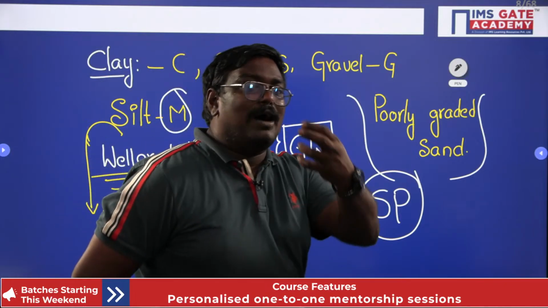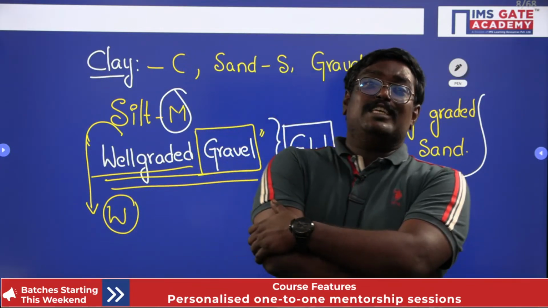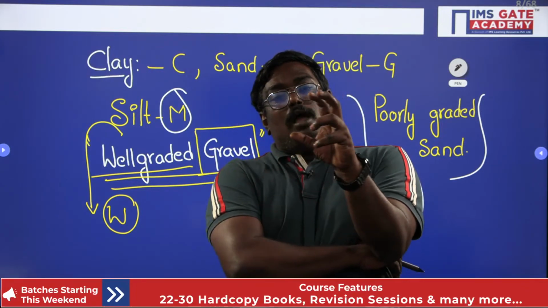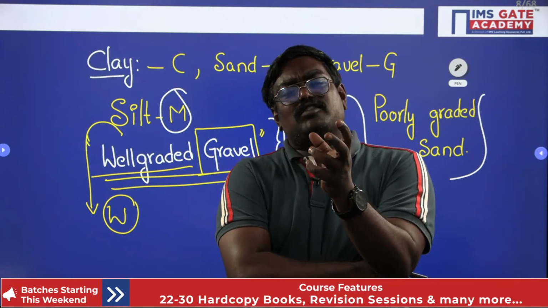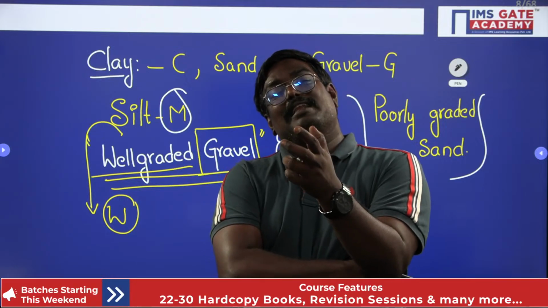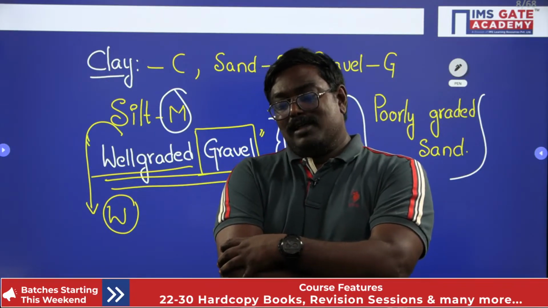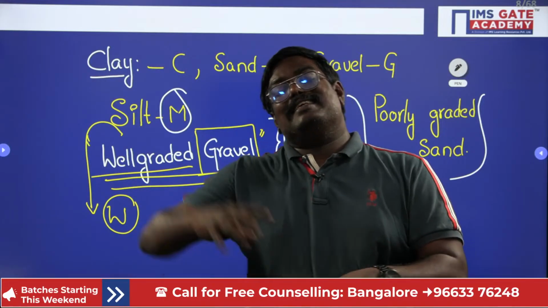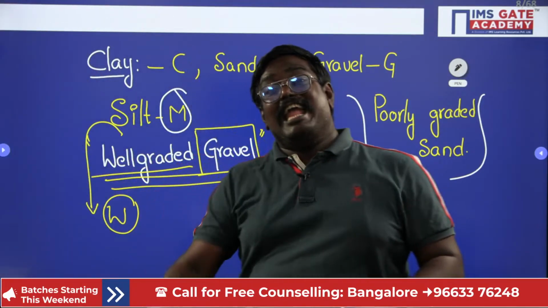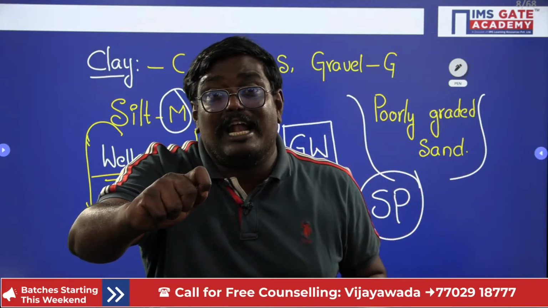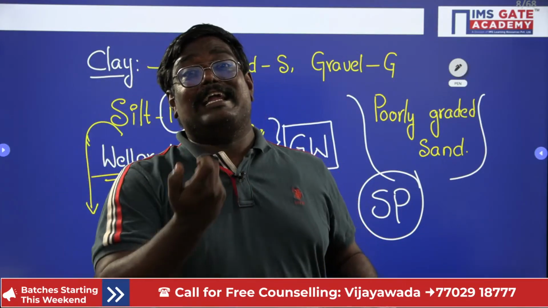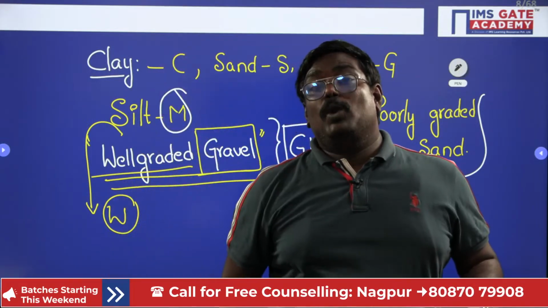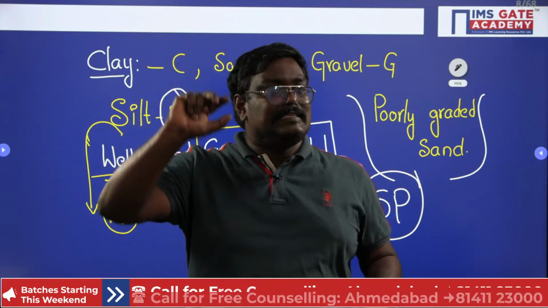I will tell you one beautiful thing here. See students, when you are taking milk, usually on the basis of fat content, we tell whether the milk is good or bad. If the milk has a good fat content, you say it is well-graded milk. If the milk contains some amount of water, then you can say poorly graded milk. I'm giving just an example.